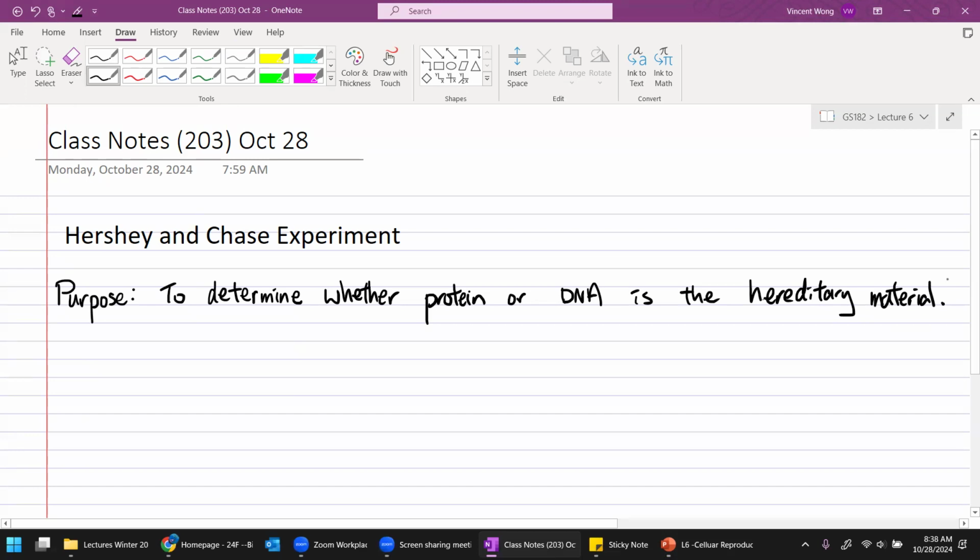Again, hereditary means pass on to the next generation. So is it protein or is it DNA? That's what they're trying to figure out.